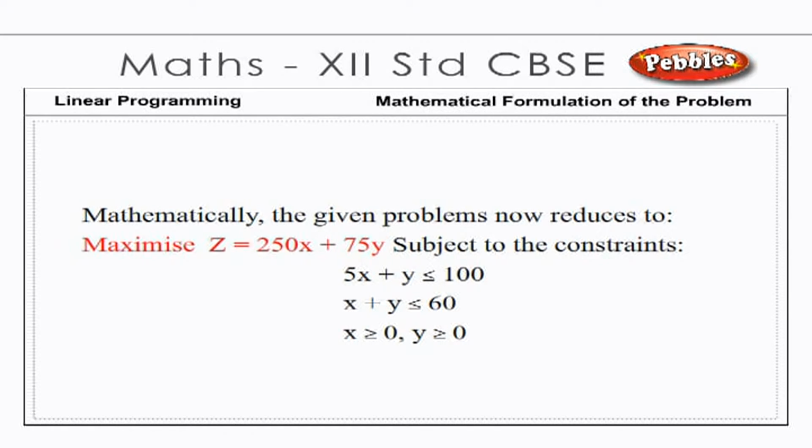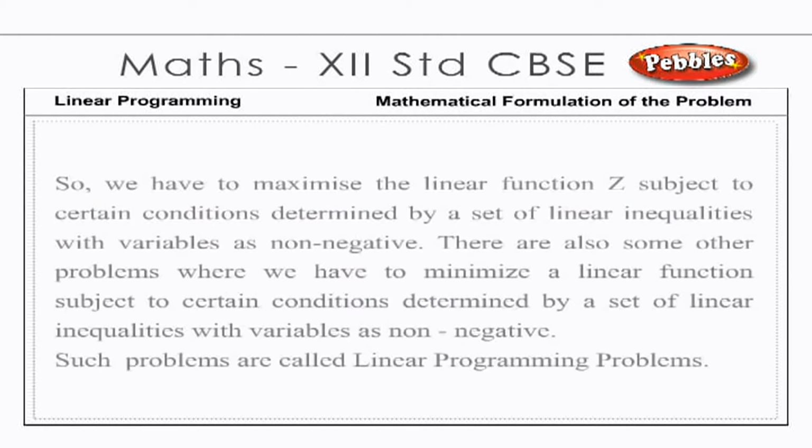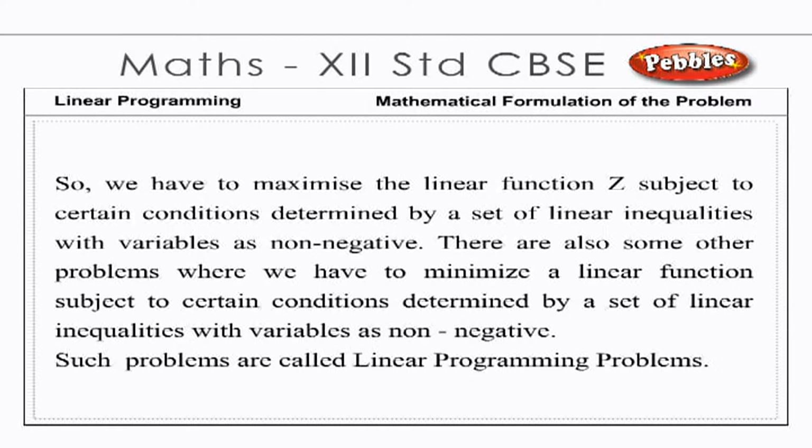Subject to the constraints, 5x plus y is less than or equal to 100, x plus y is less than or equal to 60, where x is greater than or equal to 0 and y is greater than or equal to 0. So, we have to maximize the linear function Z subject to certain conditions determined by a set of linear inequalities with variables as non-negative.